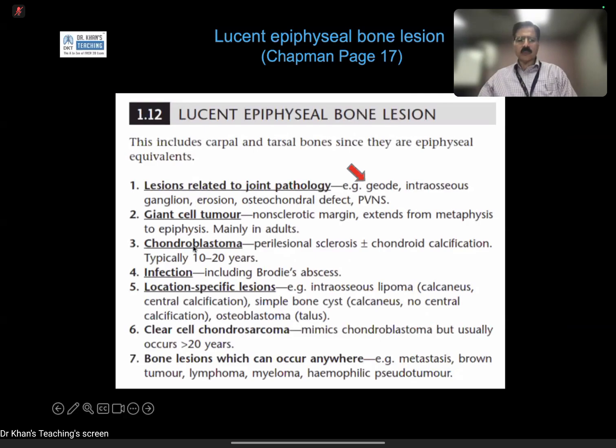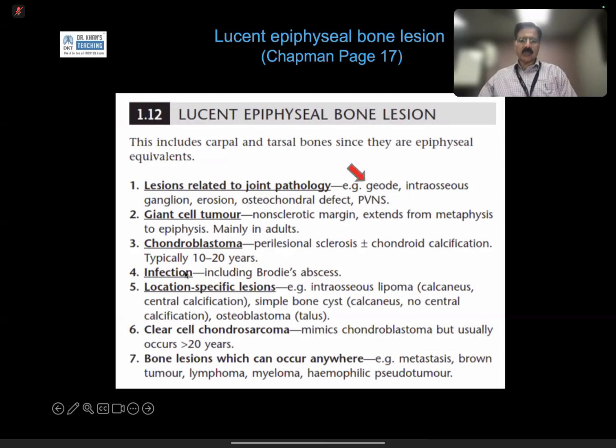Coming back to this differential, your talk about giant cell tumor, by the way, is not this age group, and number two, it has non-sclerotic margins. Now, look at the lesions related to the pathology, and one of them is geode. There were signs in this case of secondary OA, and you cannot include chondroblastoma because of the age.